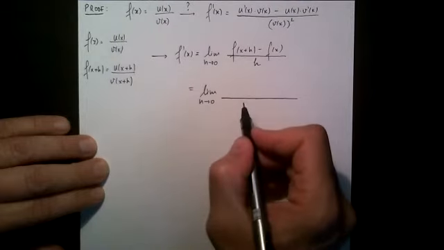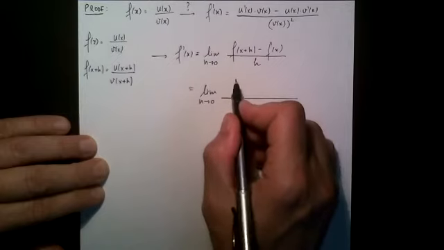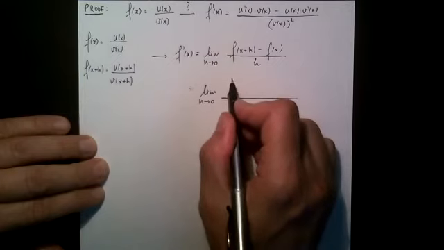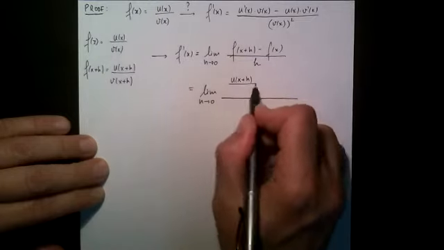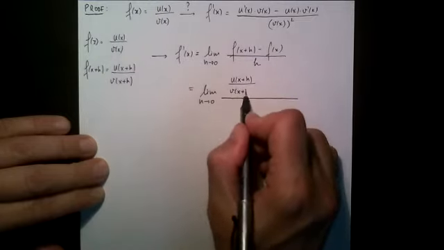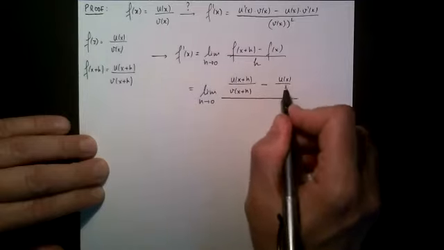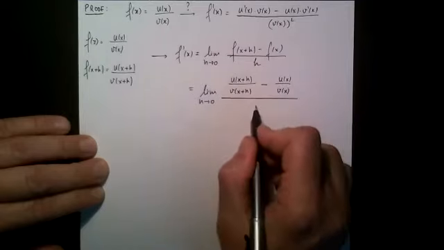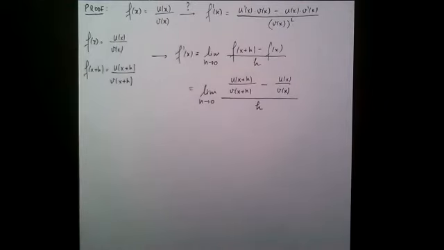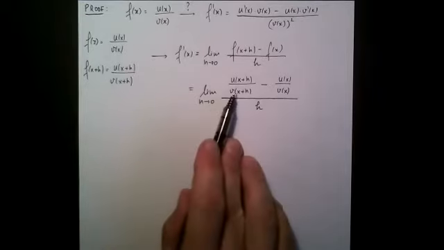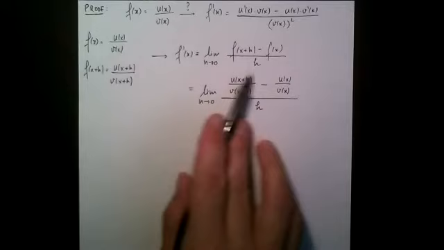So you would do u of x plus h over v of x plus h minus u of x over v of x, and all this over h. Very nice. Do you understand what you did? This is perfect. So f of x plus h minus f of x over h. And now I need to evaluate this limit.